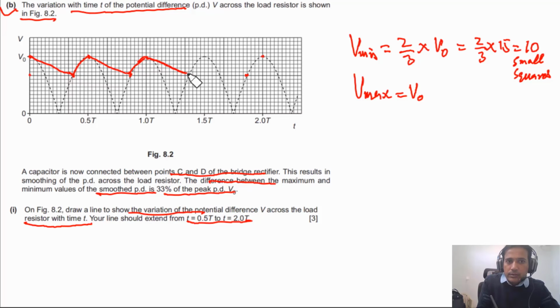Then exponential decay, and then again it will rise to the maximum value, then again exponential decay, and then it will rise to the maximum value, and then again it will decrease. So somewhat here it will decrease. So this is how we need to draw.